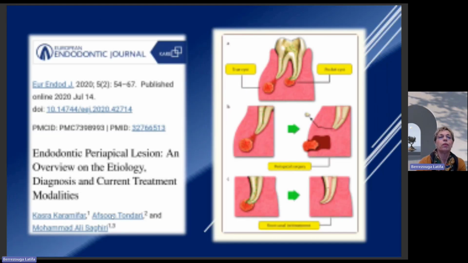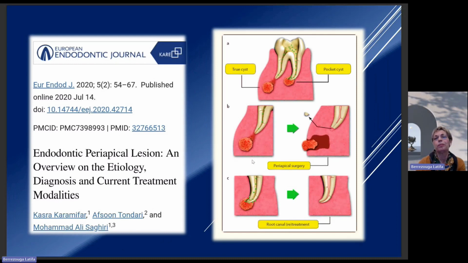When we speak about cystic lesions, generally two types have been described: the true cyst, which is not in direct contact with the infected endodontic system, and the pocket cyst, which is in direct contact with the endodontic system.